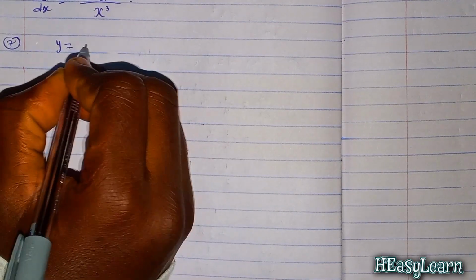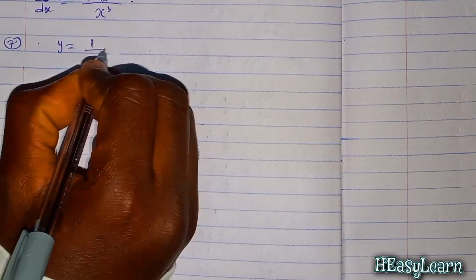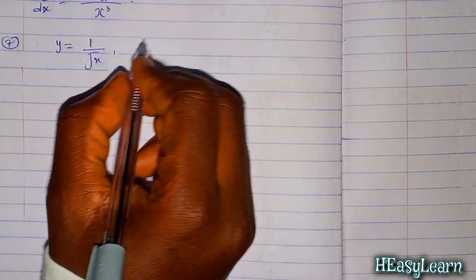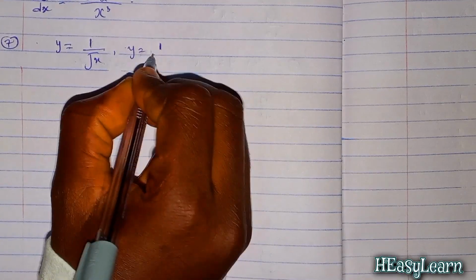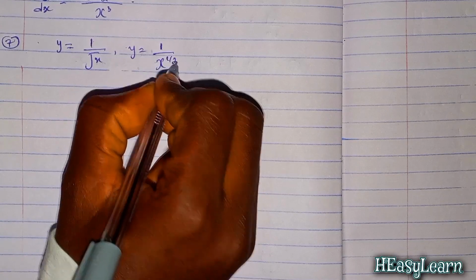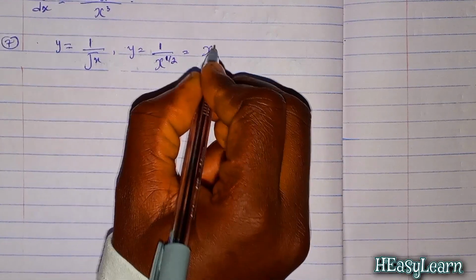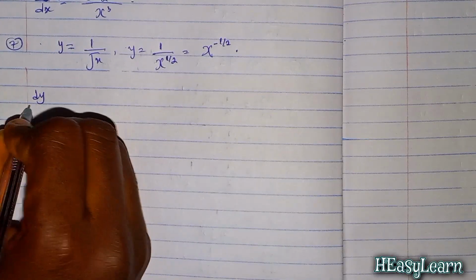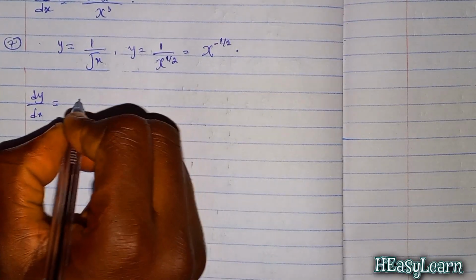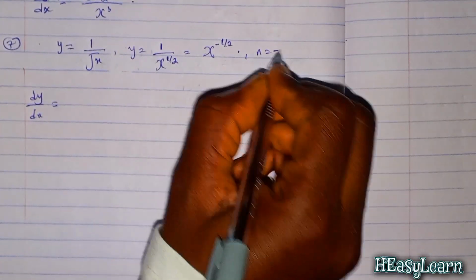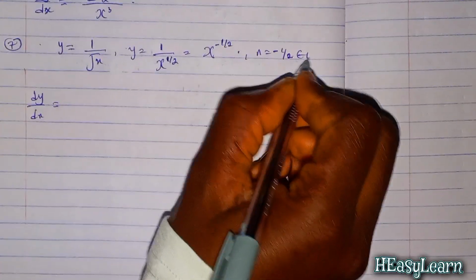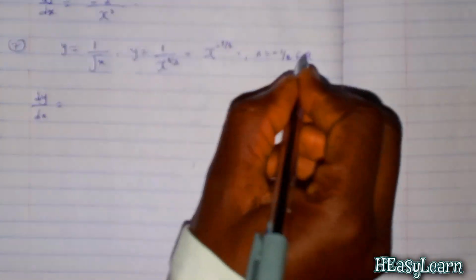Number 7. Let y or f of x equal 1 over square root of x. This is the same thing as 1 over x to the power of 1 over 2. This is the same thing as x to the power of minus 1 over 2. So for dy/dx of this function, n is equal to minus 1 over 2, which is a real number.